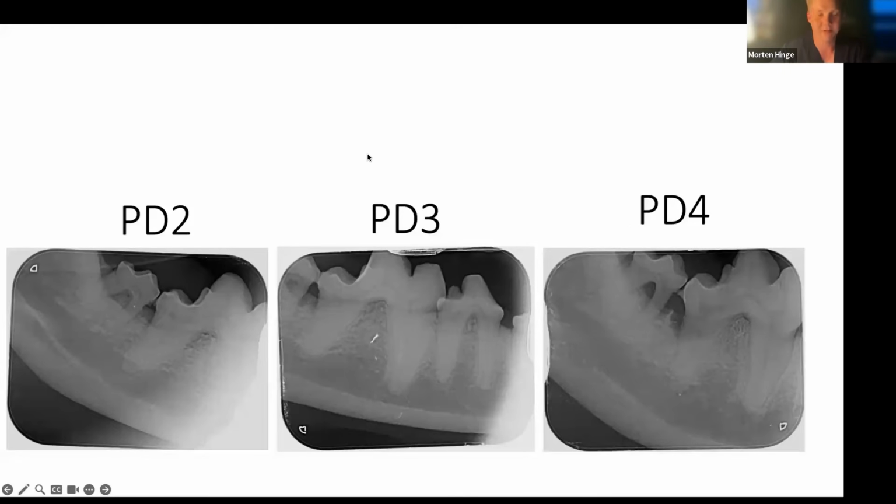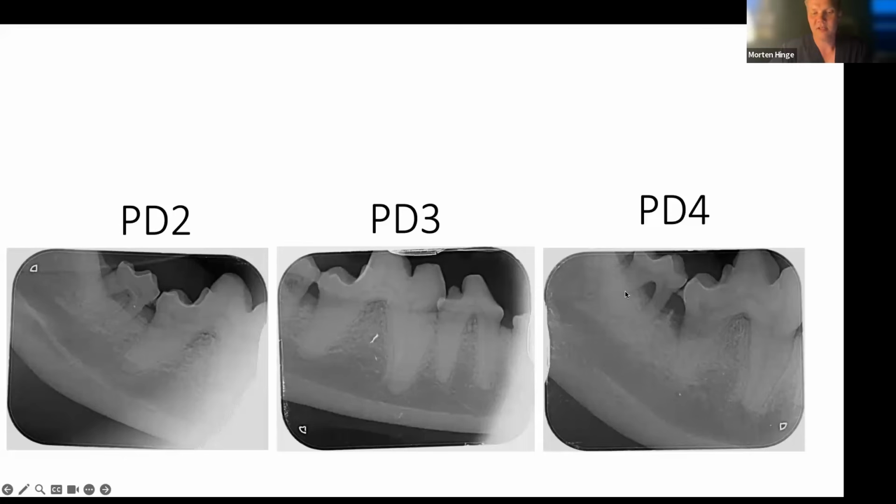These are some examples. PD2, you can see the shadow go down to here. The lowest part, don't look at the opposite, look always at the worst part. So the lowest part here, and this is PD2. PD3, you get close to 50% bone loss on this root. And so I would extract that to try and save this one.